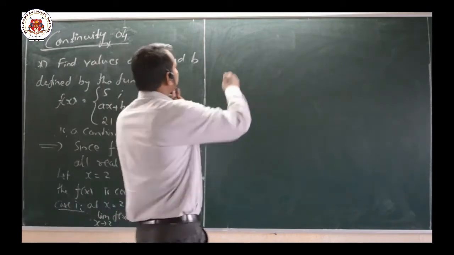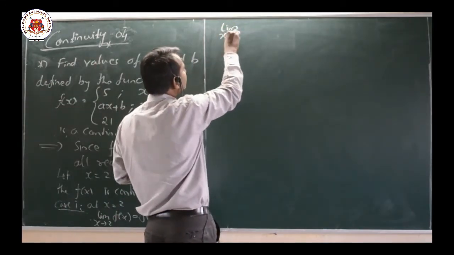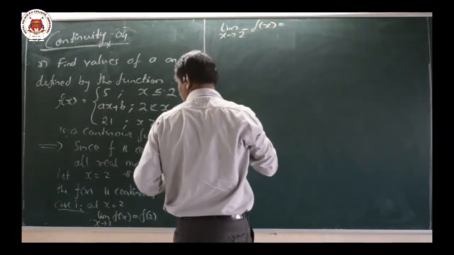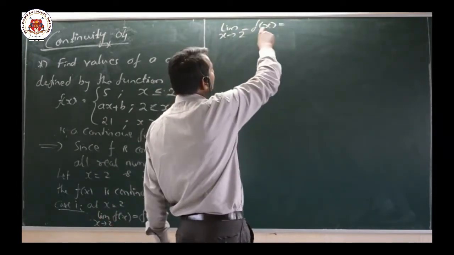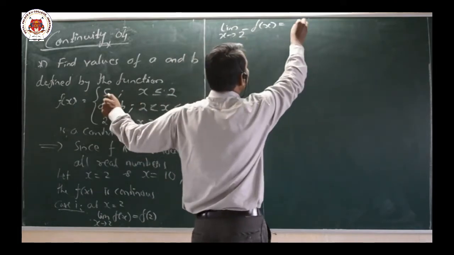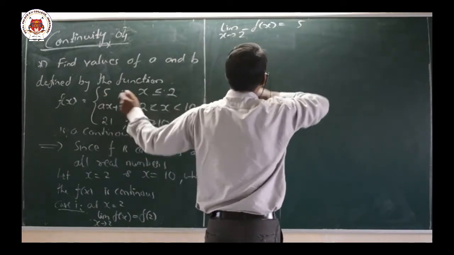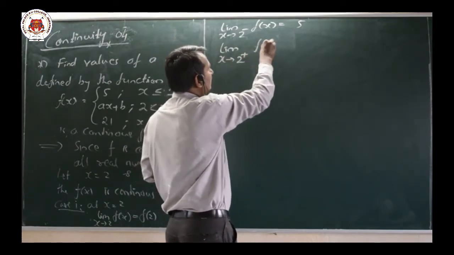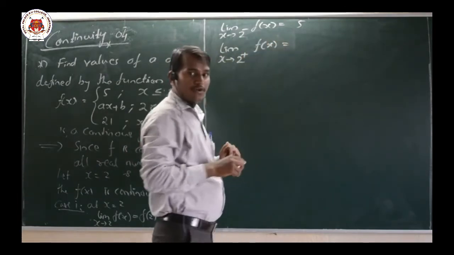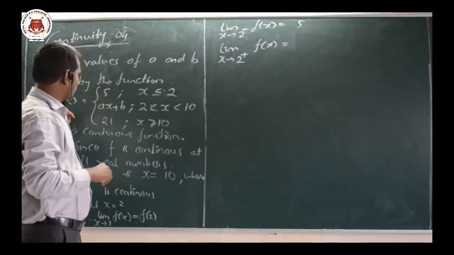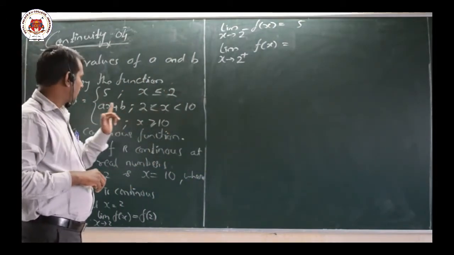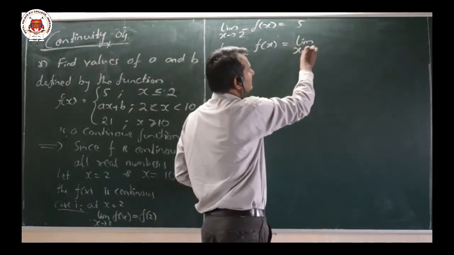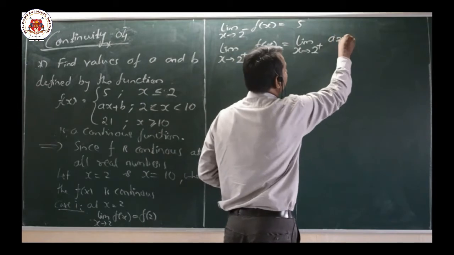Let us observe, the limit as x tends to 2 minus of f of x. What is the function for x less than 2? That is 5, directly given. Also the limit as x tends to 2 plus of f of x, where x is greater than 2, the f of x value will be ax plus b, that is the limit as x tends to 2 plus of ax plus b.